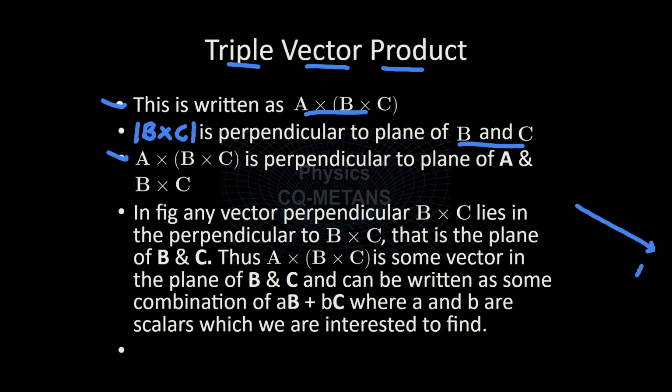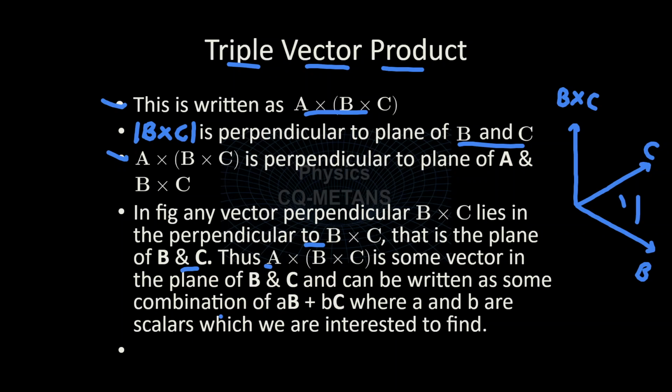So this is my vector B, and this is the vector C. The perpendicular to this is the vector B cross C. So any vector perpendicular to B cross C lies in the plane of B and C. So if this is B cross C, and I have any vector A along this, the cross product A cross B cross C will be in the plane of B and C, in this plane only. That is what this statement means.